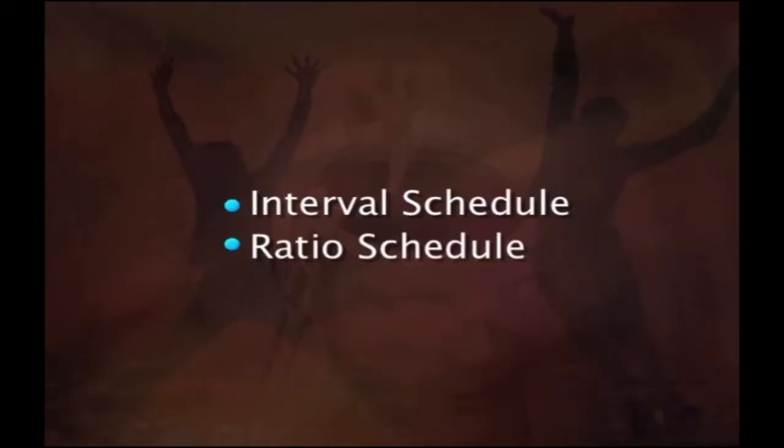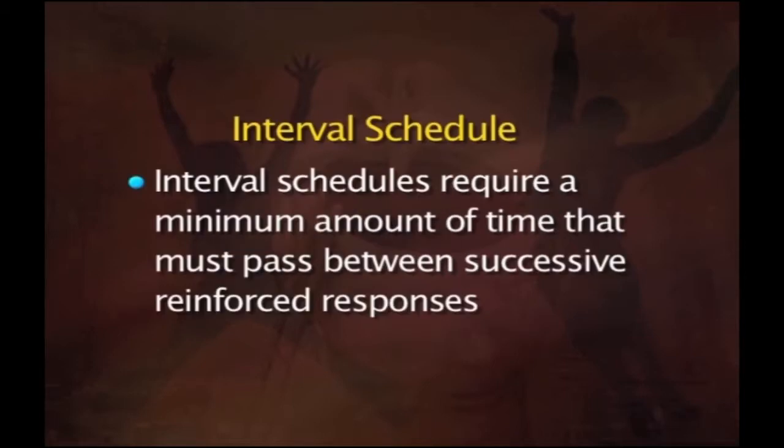Intermittent it's not. And in continuous schedules there are 2 types. One is interval schedule and the other is ratio schedule. Interval schedules are time based, whereas ratio schedules are based on response. What is an interval schedule? Interval schedules require a minimum amount of time that must pass between successive reinforced responses.